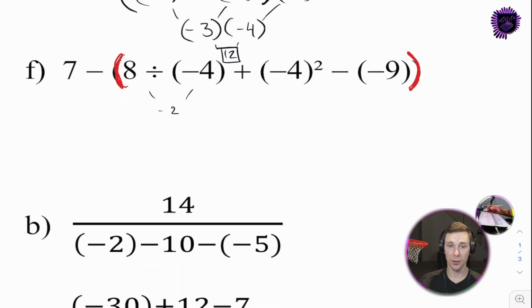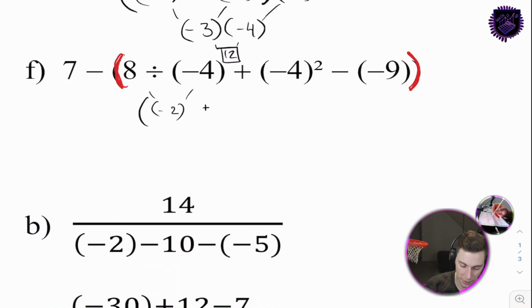Negative 2, and then we're going to plus, and we're going to do this in here. Big bracket, 7 minus, drop down our 7. Doing this in a weird order. Oh, negative 4 squared, so this is going to be 16. Right, so that 16 minus negative 9.